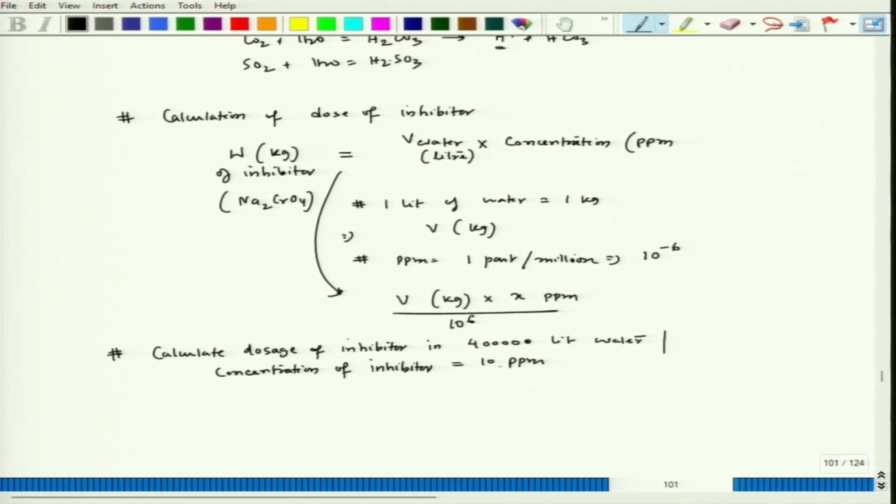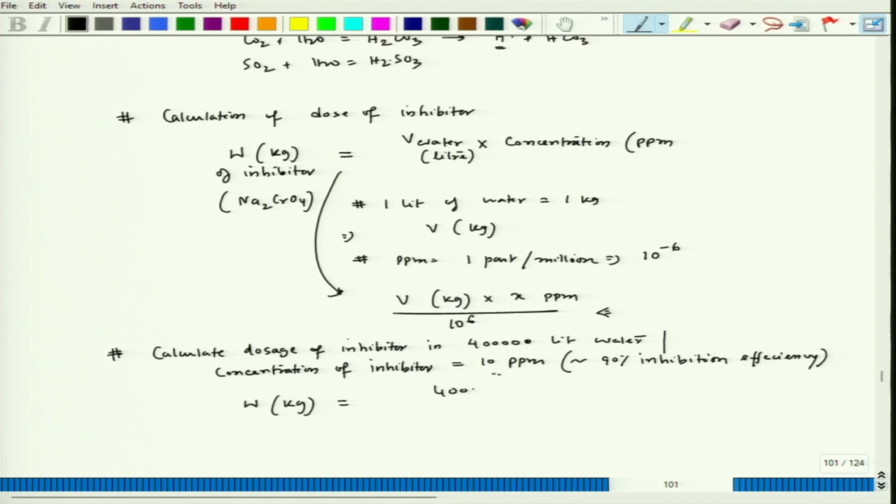Now, this 10 ppm I think must have been achieved after looking at the laboratory test, that it gives fairly around 90% or 95% efficiency. Okay. So, this is a kind of a prior test, so that we need to have 10 ppm of the inhibitor. So, then we can calculate in terms of kg by looking at this formula.